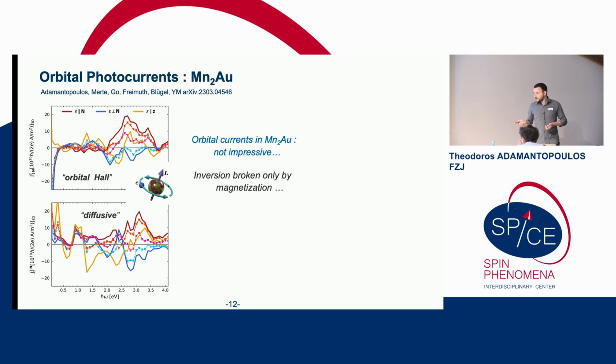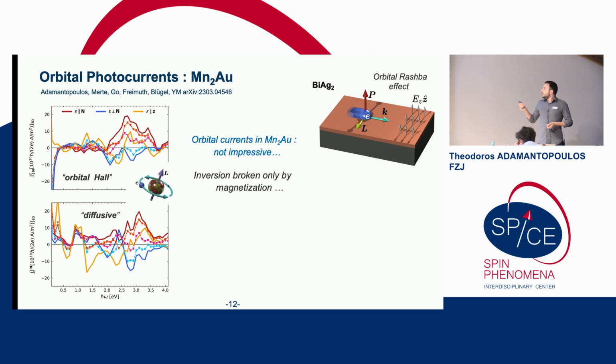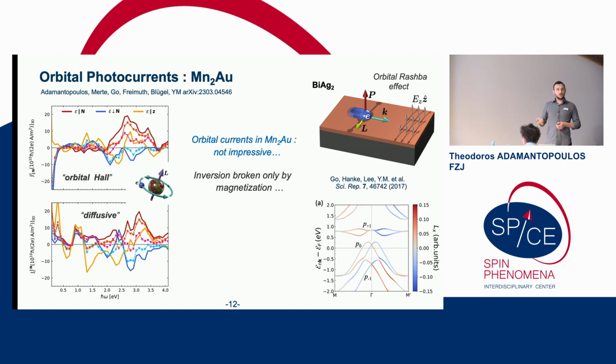And for this, we consider the bismuth-silver surface, a non-magnetic system where the orbital Rashba effect breaks the inversion symmetry and creates a chiral orbital angular momentum texture, as you can see here for the p states of bismuth.